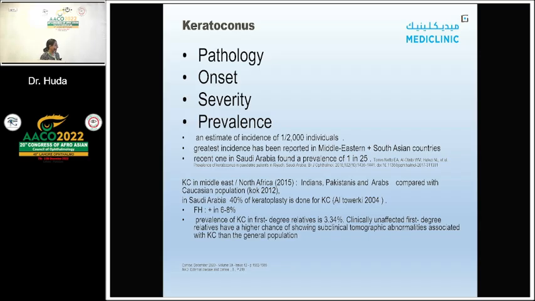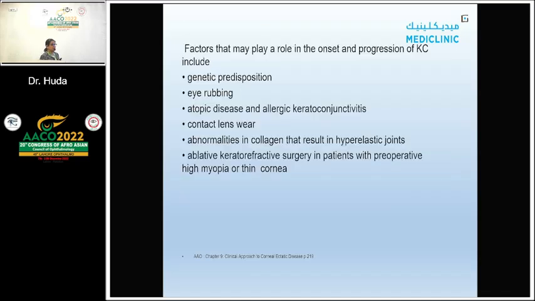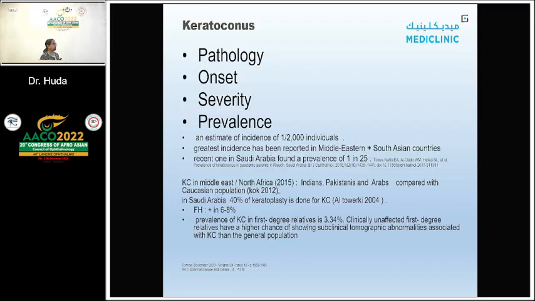Anyhow, we need to handle this. It should be handled. It's a devastating disease. So the pathology of keratoconus, everybody knows. It is progressive thinning of the cornea that leads to coning of the shape with irregular astigmatism, and if it's not treated, it will lead to blindness.